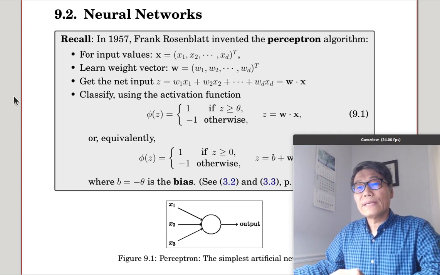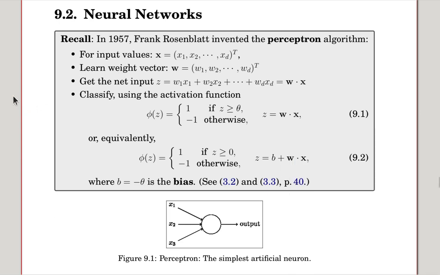For input values x, the algorithm is trained to learn a weight vector. Once that is obtained, this is the weighting of evidence. By using the activation function of a threshold, it can be classified.